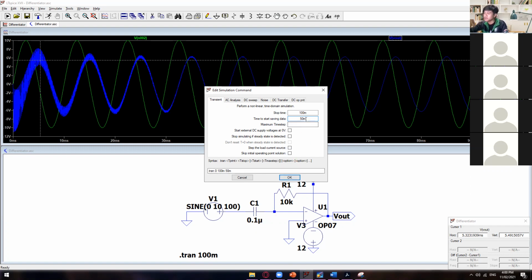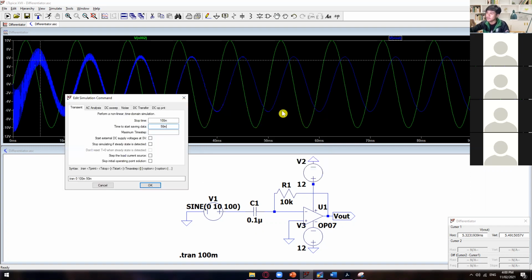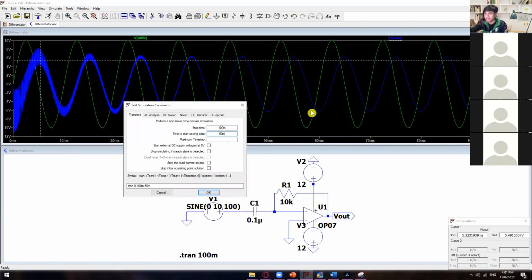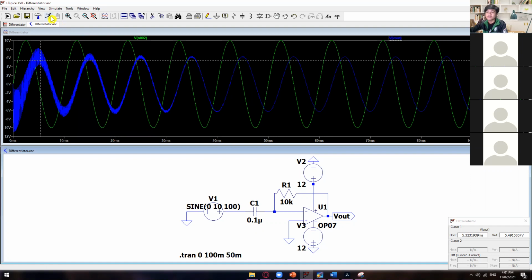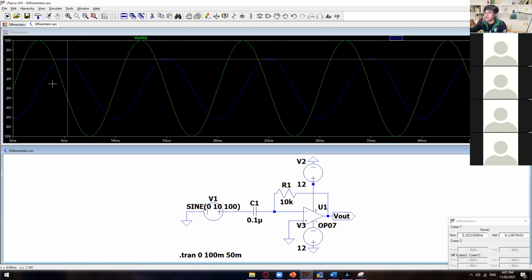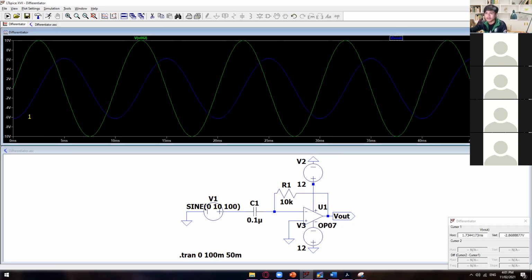Okay, so to solve that, it will only start saving the data at exactly 50 milliseconds. So right here, okay. So it will save every 50 milliseconds to be exact. All right, there you go. So as you can see, we now have like a smoother output.